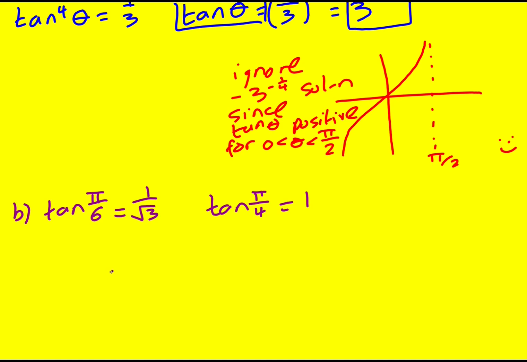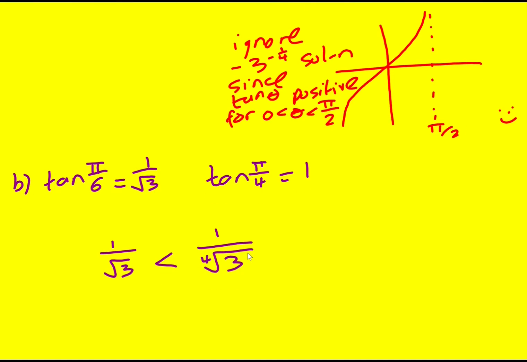Now, 1 over the square root of 3 is actually less than 1 over the 4th root of 3. The reason being is that the 4th root of 3 is less than the square root of 3.